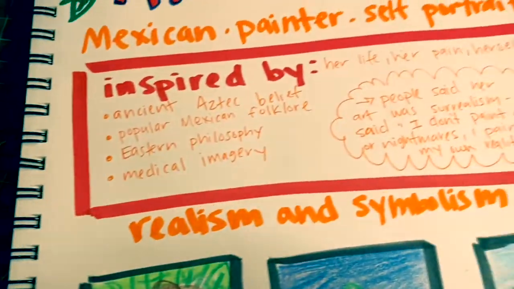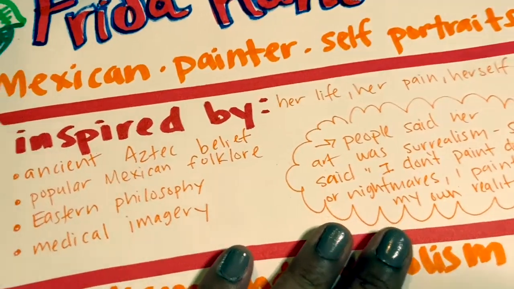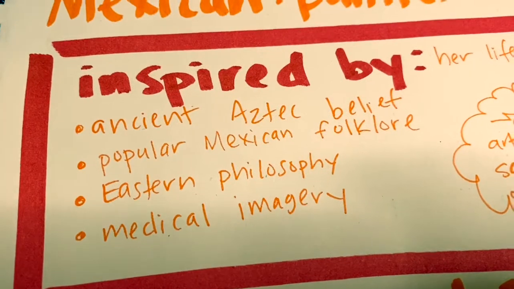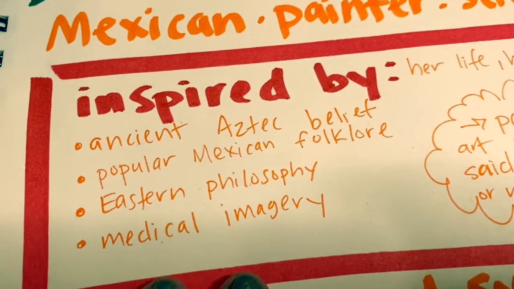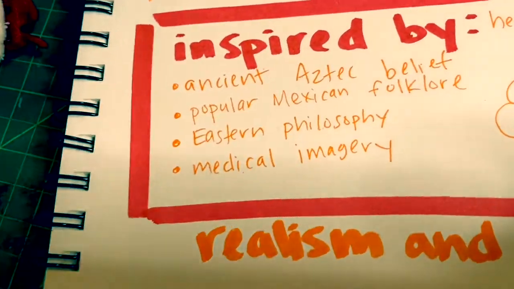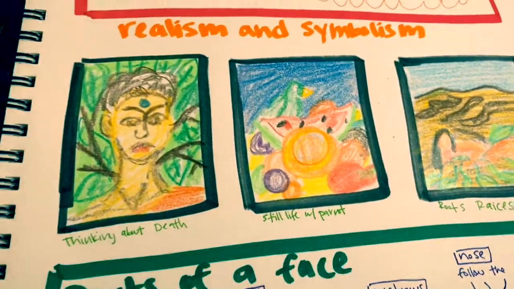She was inspired by her life, her pain, herself, and also the worlds around her, like popular Mexican stories, the Aztecs, philosophies, and medical images. Kind of like Basquiat. Remember how he was inspired by medical images?